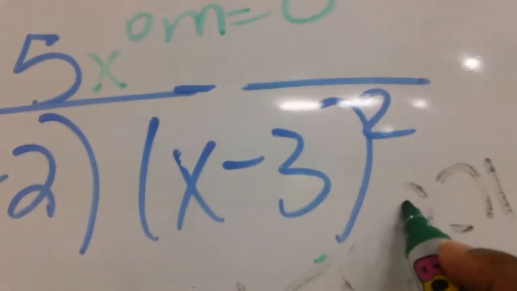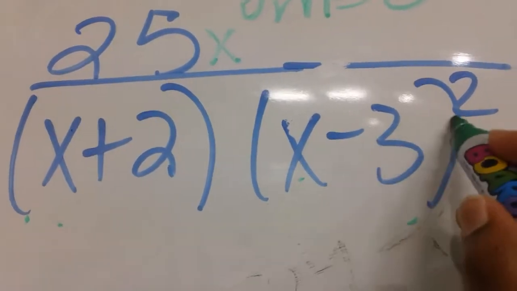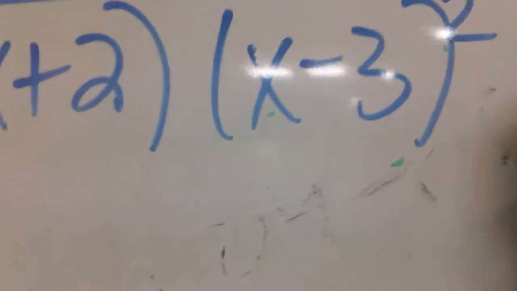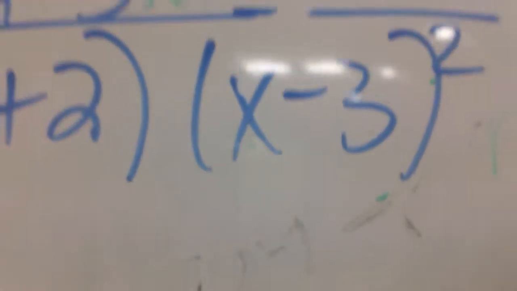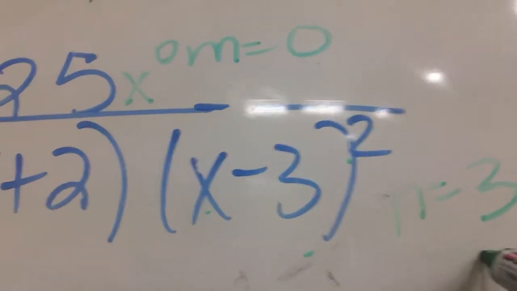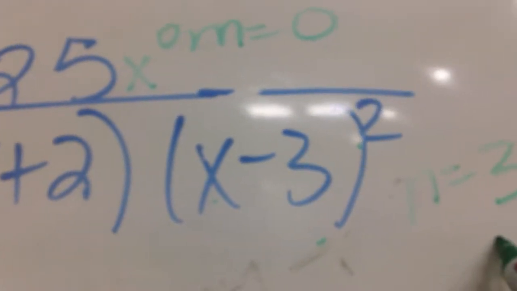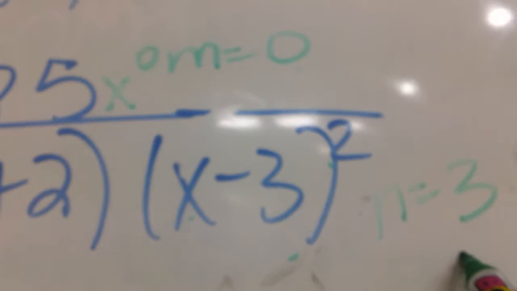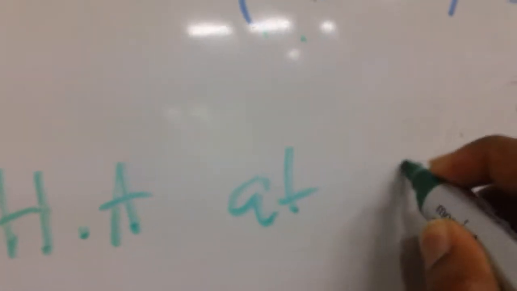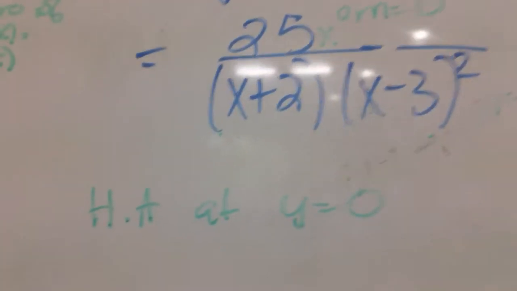And the degree of the denominator polynomial, x squared times x, is degree 3. So if you notice, that means that m is smaller than n, or the numerator degree is smaller than the denominator degree. So that means that you're going to have a horizontal asymptote at y equals 0. Okay?